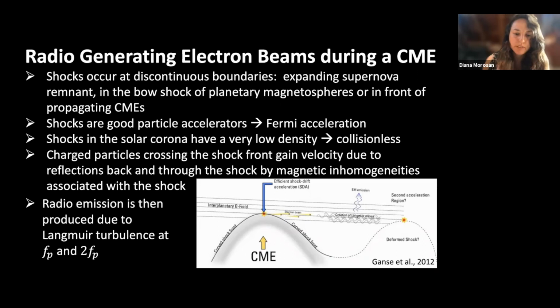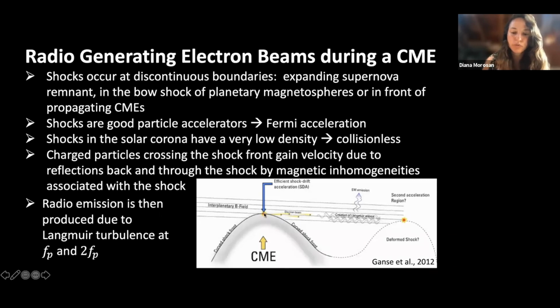Now, most studies suggest that the CME shock is not uniform. It's not a smooth surface, but curved or wavy. It has to be non-uniform to be able to accelerate particles, according to most studies. So we have a curved CME shock, and it encounters the overlying magnetic field lines.